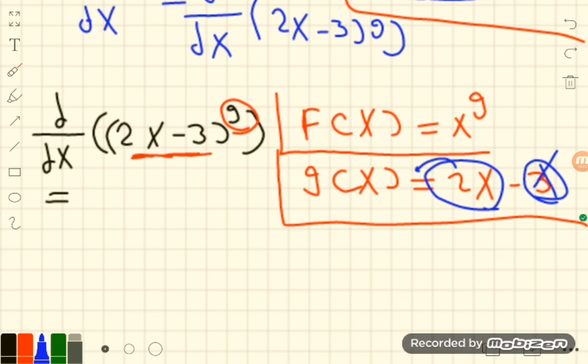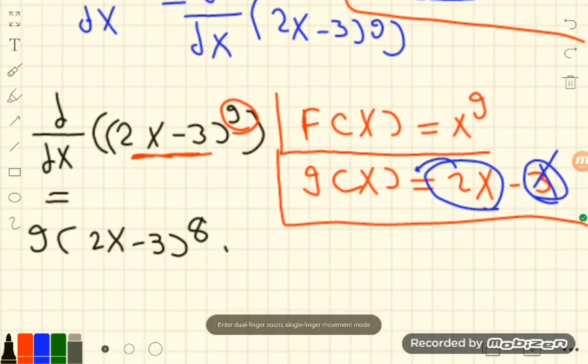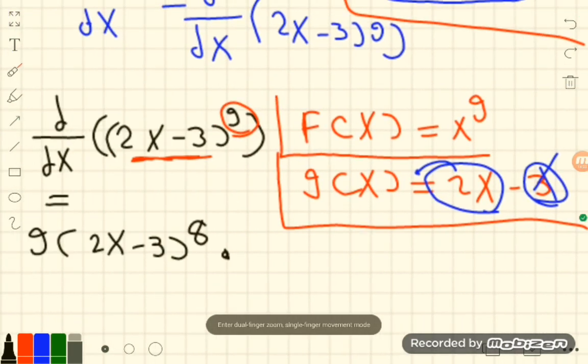So it's going to be 9 multiplied by (2x minus 3) raised to the 8th power, multiplied by g prime of x, which is the smaller one, and we've already solved that: it's equal to 2.